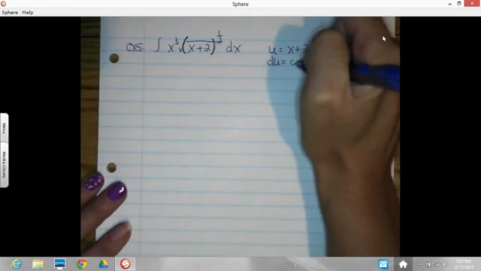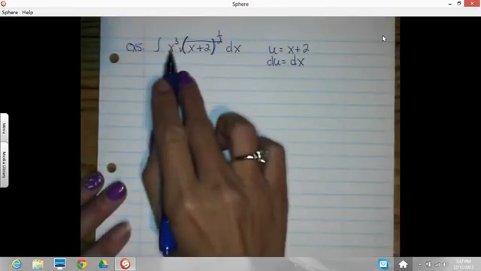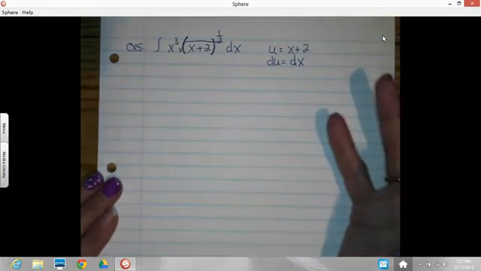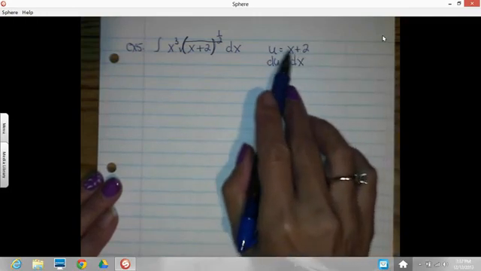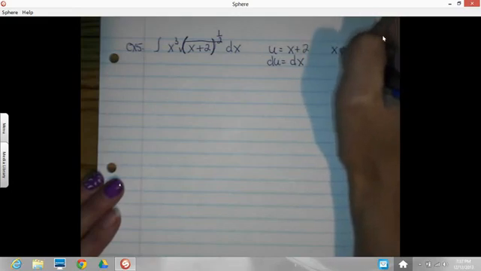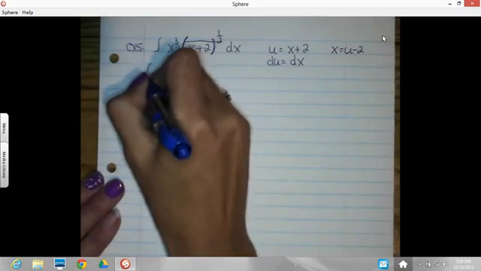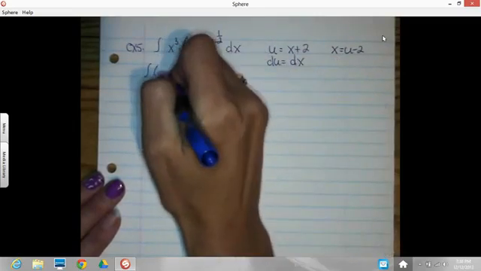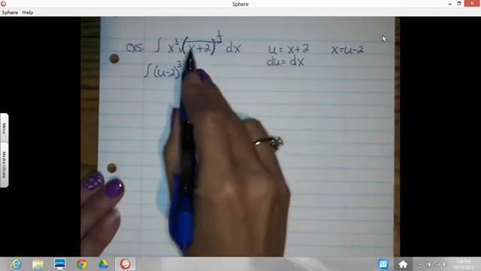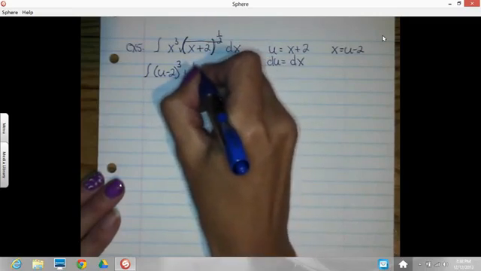When I look back, I've got an extra x cubed term in here that's not accounted for over here, so that tells me I have to convert everything to u's. So I need to solve this equation for x. So I'll be subtracting 2. So x equals u minus 2. Now I substitute. I will have u minus 2 cubed. x plus 2 is just u to the 1/2. And then dx is equal to du.